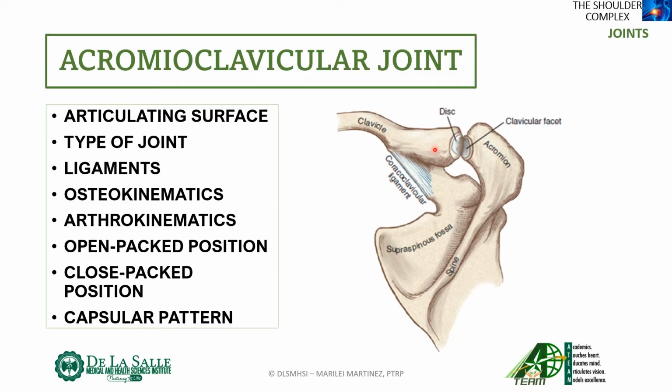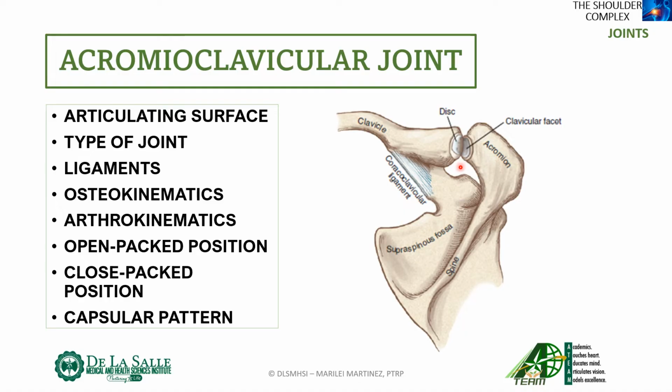As to the type of joint, it is a gliding or plane joint. Why is it plane, ma'am? It's because of the flat surfaces of the articular surfaces of the joint. They actually vary from flat to slightly convex or concave, but in general, we consider them as flat. That's why they are a plane synovial diarthrodal joint.